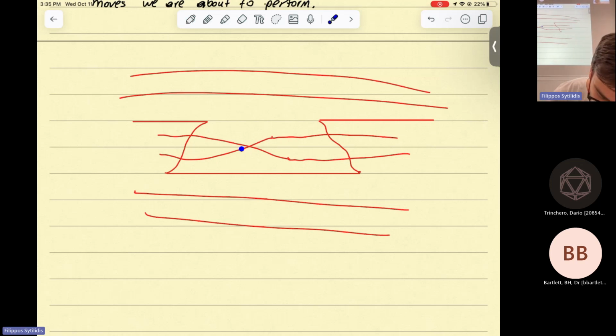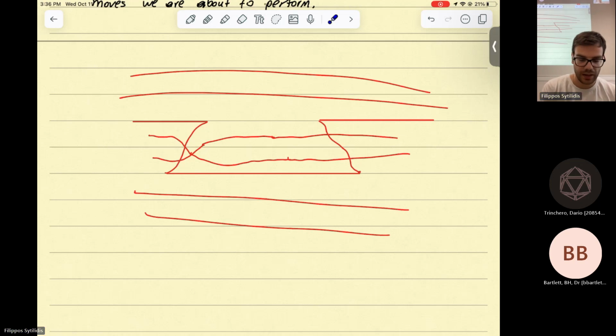And what I'm saying is take this crossing and push it to the left, to the right, it doesn't matter, wherever you want. Okay, I haven't done anything yet. I just pushed it to the left a little bit. And now when I'm here, take this and push it over, like do a Reidemeister 3.